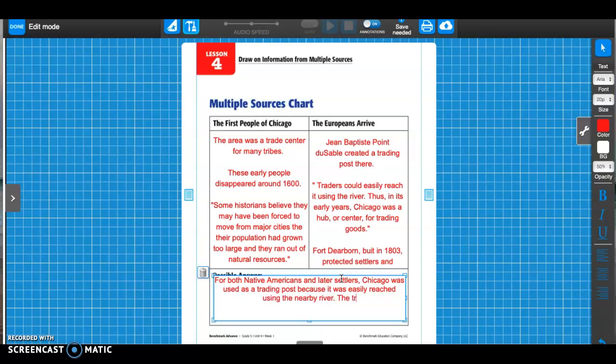The trading advantage is what attracted more people to live in the area. And that is what we have. So your job is going to be to annotate yours, and you have all of the information that you need to help you draw on multiple sources to help answer a question. That's all for now.